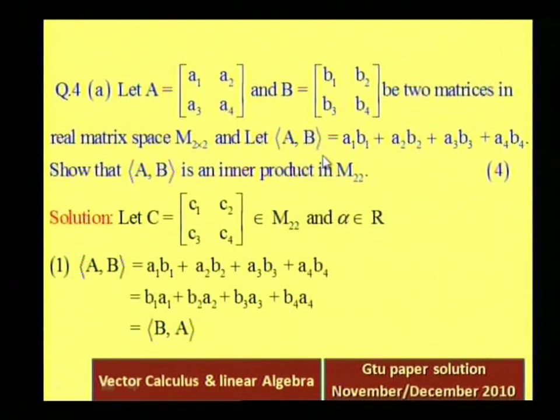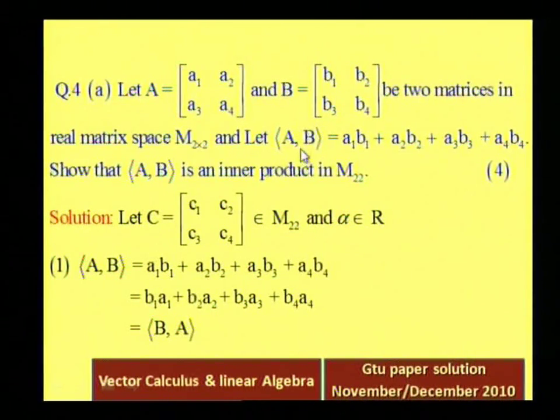So inner product AB is defined as a1 b1, the multiplication of the first coordinate in both matrices, then the multiplication of the second coordinate, then the third coordinate a3 b3, and a4 b4.